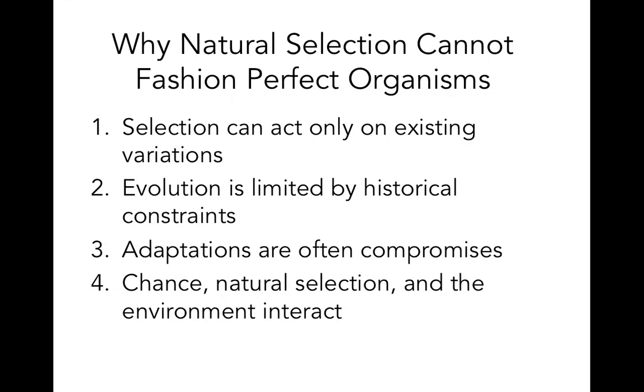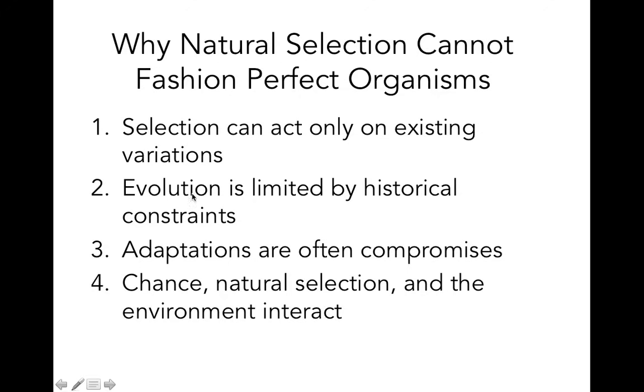Mutations that arise can only be acted upon once they are present. It's not like the antibiotic-resistant Staphylococcus aureus evolved because there was a need for it. That variation was already present and was exaggerated by the selective pressure.